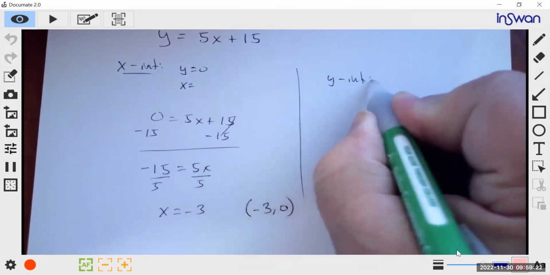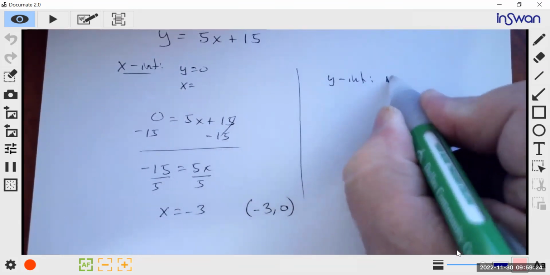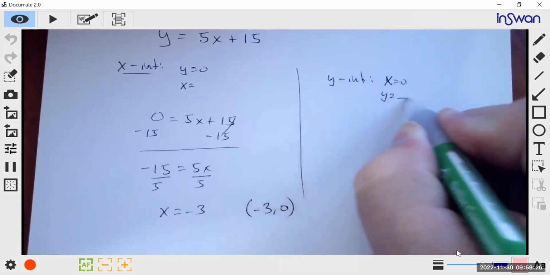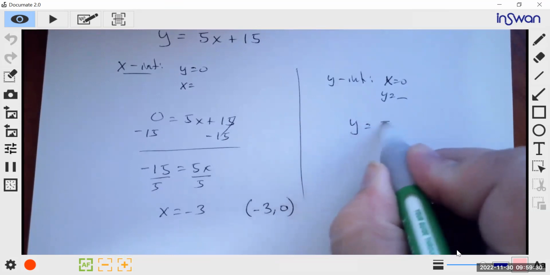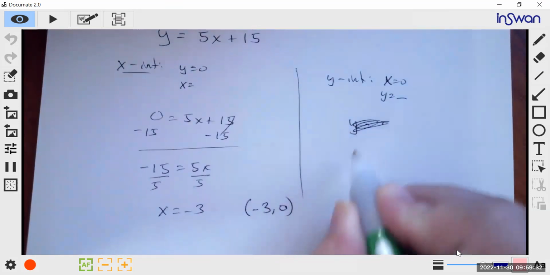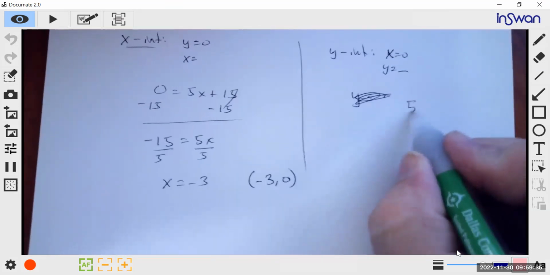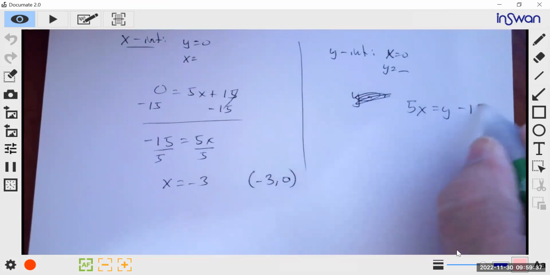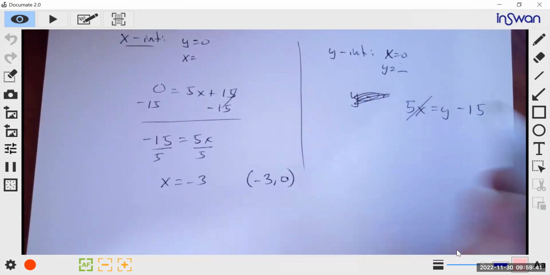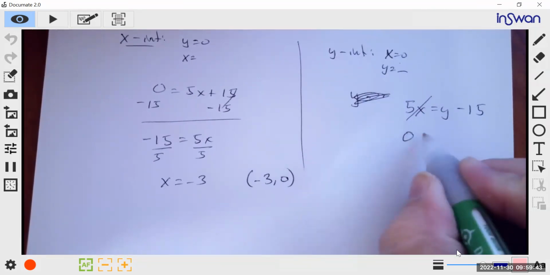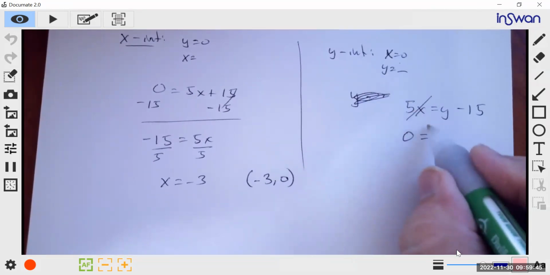The y-intercept, set x equals 0, solve for y. The equation was 5x equals y minus 15. Set x equals 0. 0 times 5 is 0.